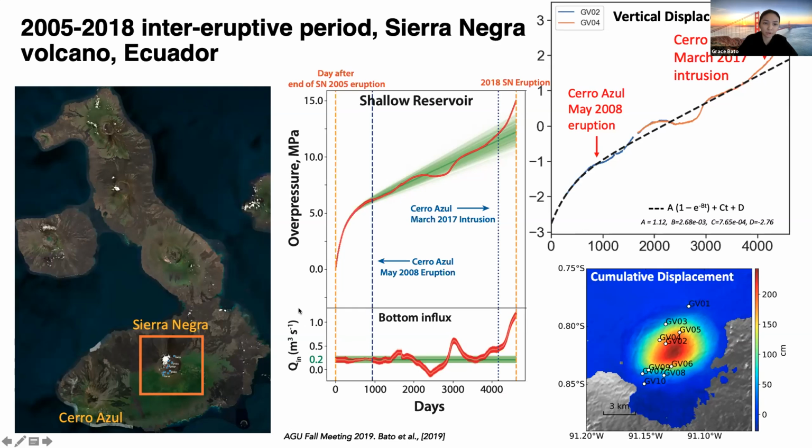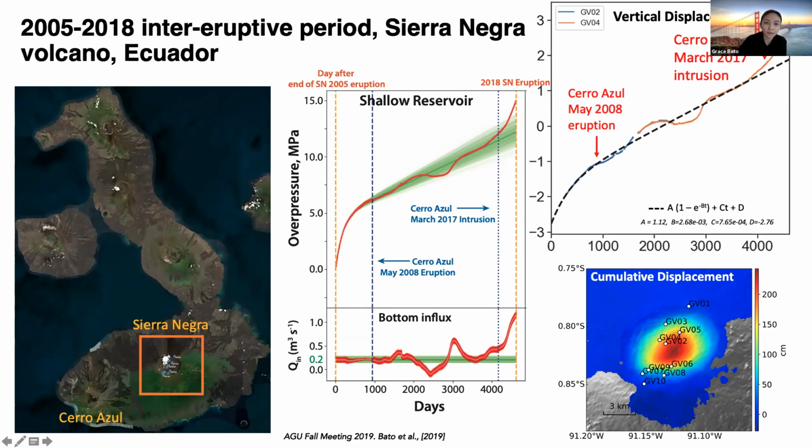This is the overpressure as a function of time, and this is the Qin bottom influx rate as a function of time again. So we note here the Cerro Azul May 2008 eruption that occurred in this period, and then the March 27, 2017 intrusion that occurred in this period.